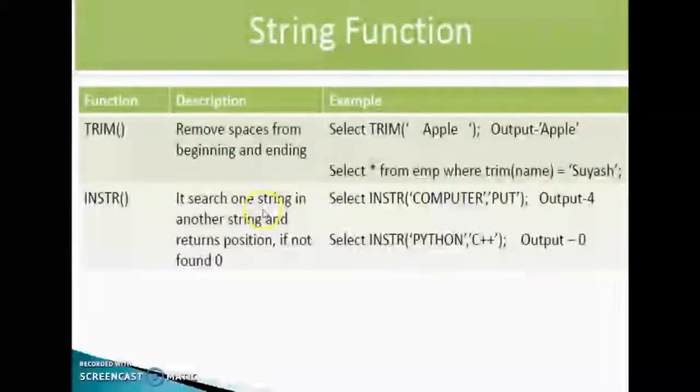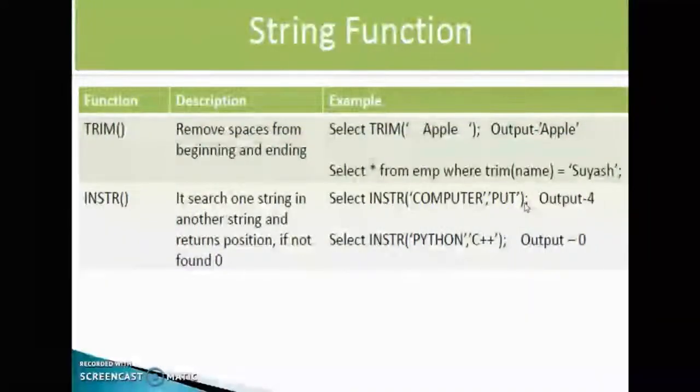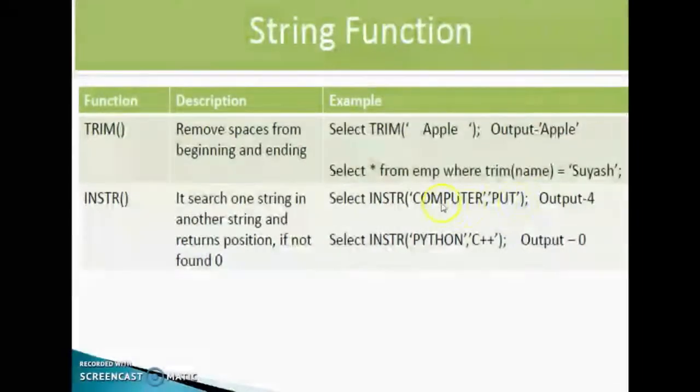The next one, instr. It searches one string in another string and returns the position. If not found, 0. Check this one. Select instr computer, put. It will return that position where that particular string is present in the other string.